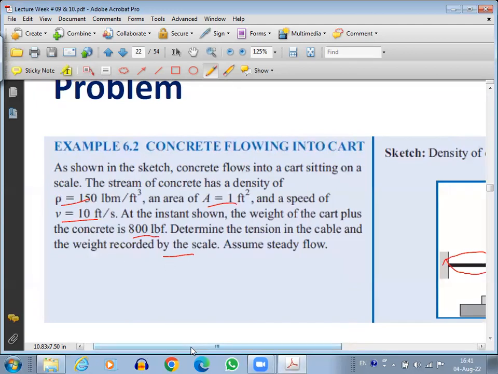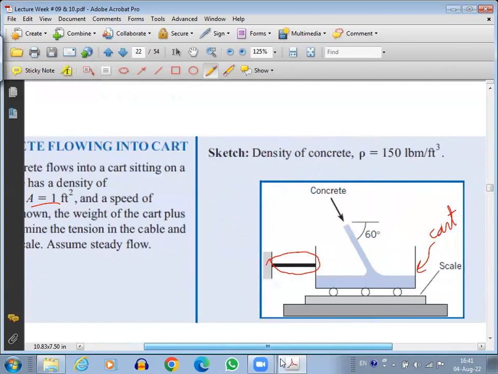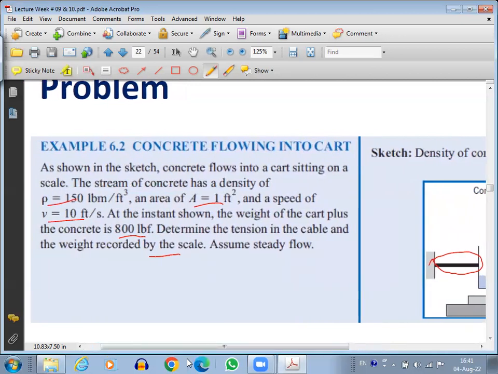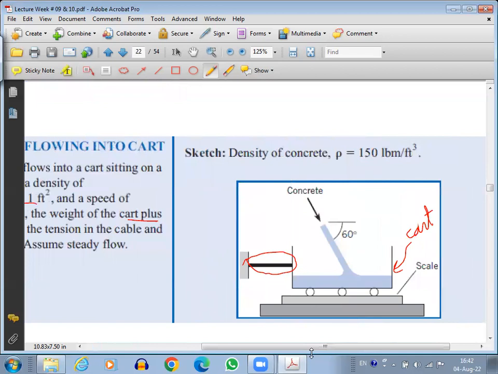The thing is that it's mentioned that at this instant, the weight of the cart plus concrete is 800 pound force. So at this instant, whatever amount of concrete it has, the weight of the cart with the concrete is 800 pound force. But in reality, what do you think?